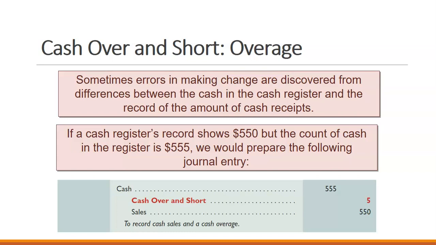Now, most businesses will have a threshold of what is okay for over and short to be recorded and what would necessitate some kind of investigation. Generally, $5 is not something that we would do an investigation for, but if it was $50, we would be concerned about that and we would want to figure out why.